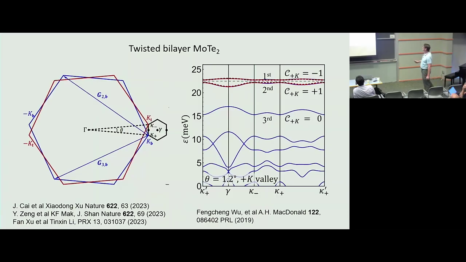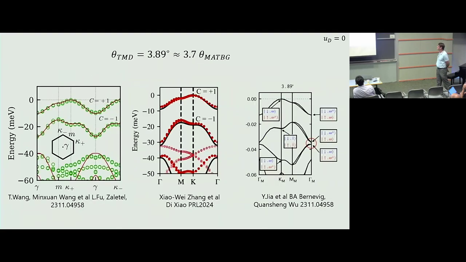The narrow bands carry Chern numbers. This is the original calculation from Fengcheng Wu and Allan MacDonald's group. This is a calculation which is perhaps a little bit closer to the microscopic calculation at 3.89 degrees from 3 different groups, also seeing this particular assignment of the Chern numbers at this particular angle.